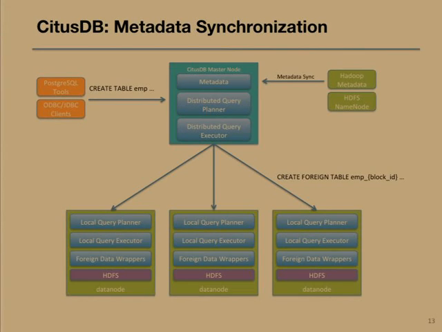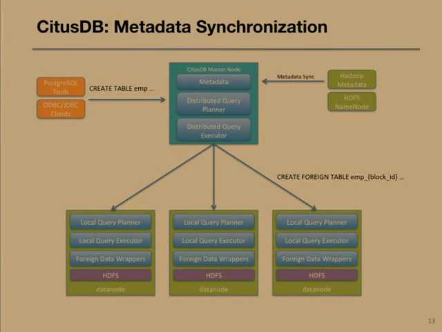To start off, when you create a table on the CitusDB master, you specify a directory or a file in HDFS that the logical table name needs to map to. Then, as part of a prior offline step, the master node syncs file system metadata off of the HDFS name node.